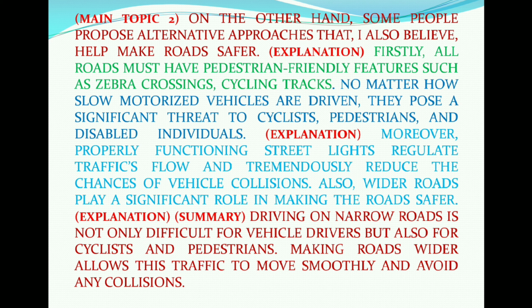We cannot say that only if the vehicle is at high speed can it cause an accident. Even at slow speed, a vehicle can cause an accident. So here I am trying to say that we should focus on each and every aspect to make roads safer, right? So this is a good explanation to support this idea.